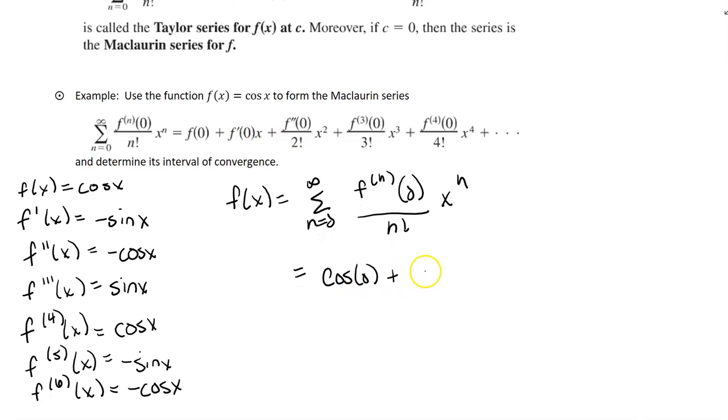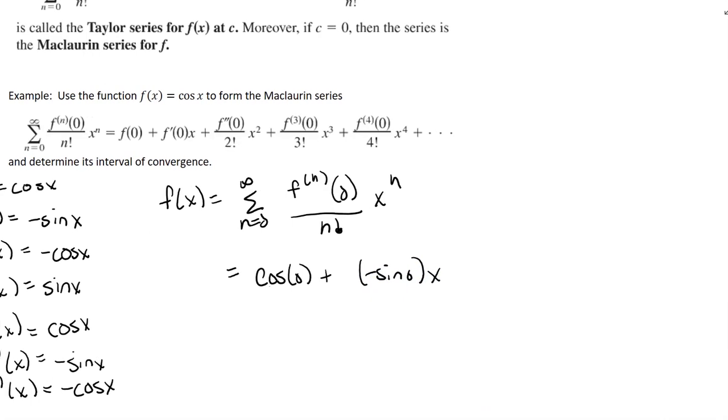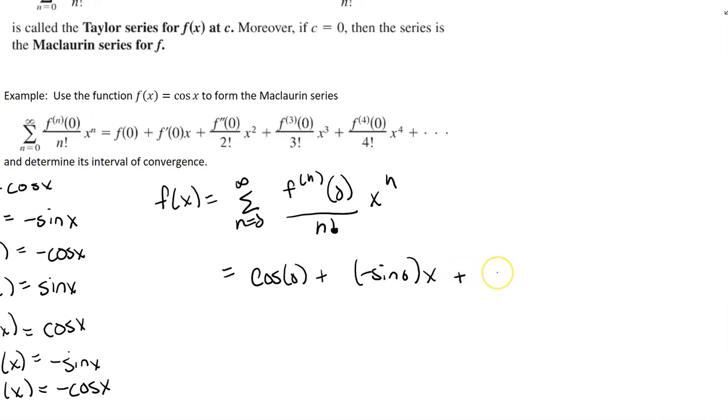For n equals 1, we'll have the derivative of that, so negative sine of 0 times x. For the second derivative, we would have negative cosine of 0 times x squared over 2 factorial. And then we would have sine of 0 times x cubed over 3 factorial, and so on and so forth, as many terms as you need to see the pattern.